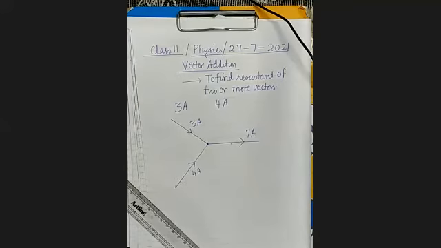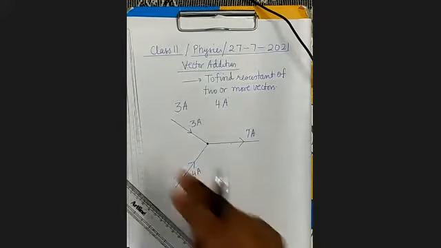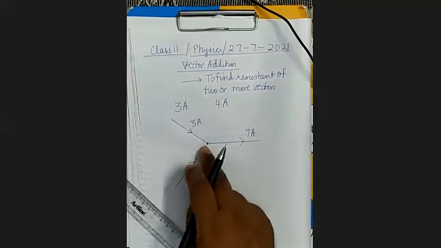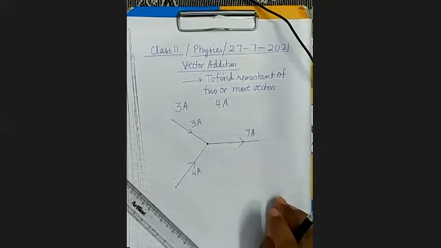Yes, this will be 7 ampere current. It is clear. 3 ampere comes this way, 4 ampere comes this way, so this will be 7 ampere.